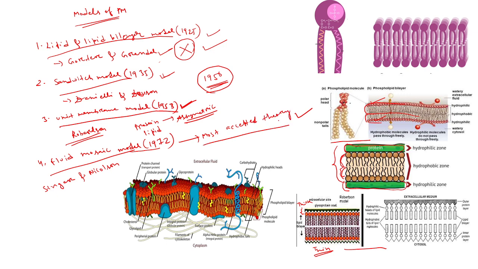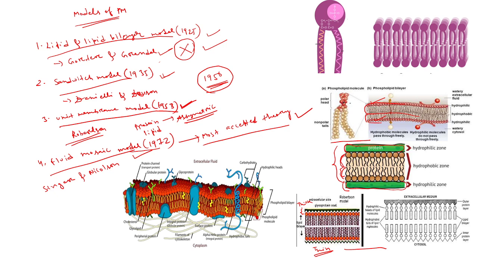That means even nowadays we also accept the fluid mosaic model. It is the latest model and it was accepted only about the plasma membrane structure.